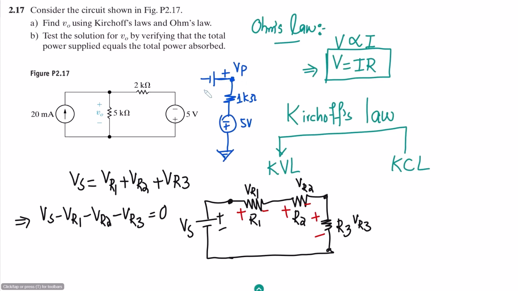Applying it here, if we consider the direction of the current like this, we can see that the current is entering through this negative and coming out of this positive, so it will be Vp. Also this is the voltage dissipating device, so plus minus, so here it will be V1K.